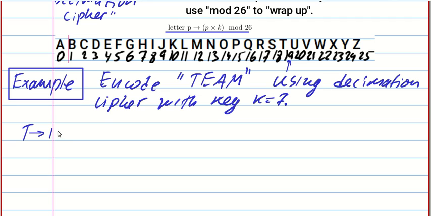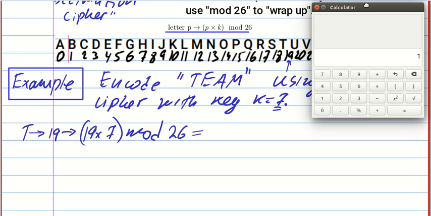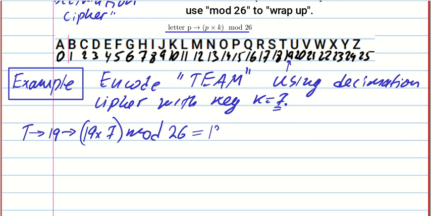So we take 19 for T, and as the rule says, we multiply it by K. So 19 times our K, which is 7, and we do mod 26. Let's see what we get. We will need our calculator. 19 times 7, we get 133.